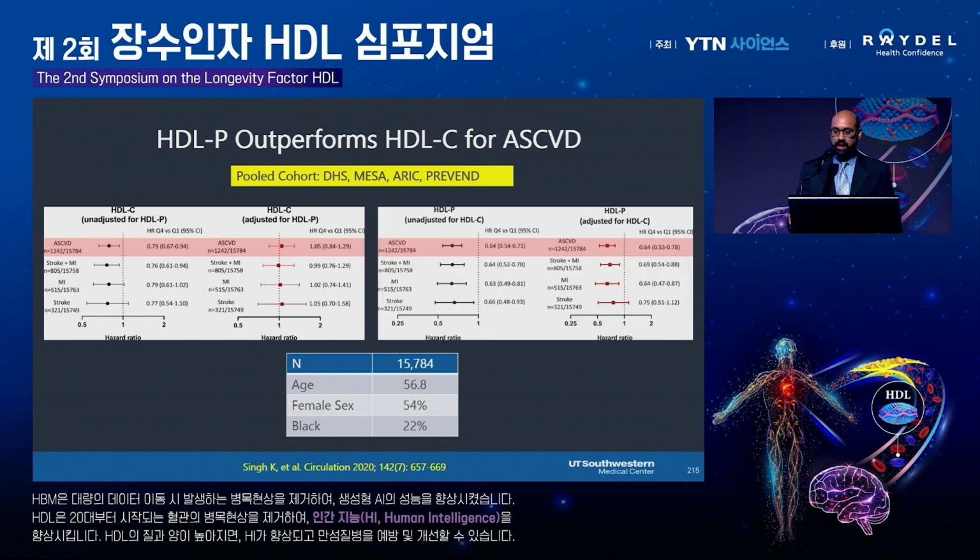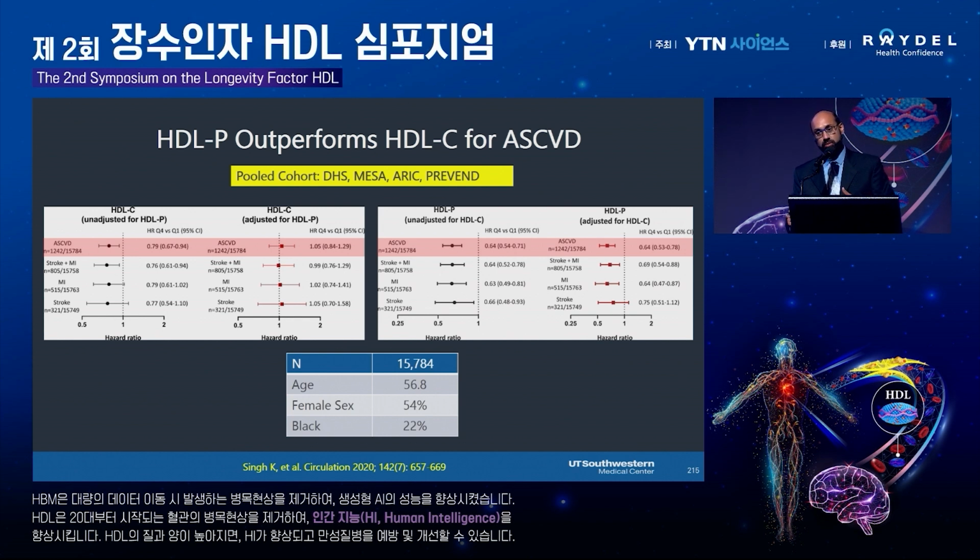We then flipped the analysis and looked at HDL particle number as the primary biomarker. And on the two forest plots on the right, you can see that the left one, now you're seeing the hazard ratio of the top versus bottom quartile of HDL particle number for predicting ASCVD. And you can see here, adjusted for risk factors, there was a 36% risk reduction for increasing HDL-P. So the hazard ratio was 0.64.